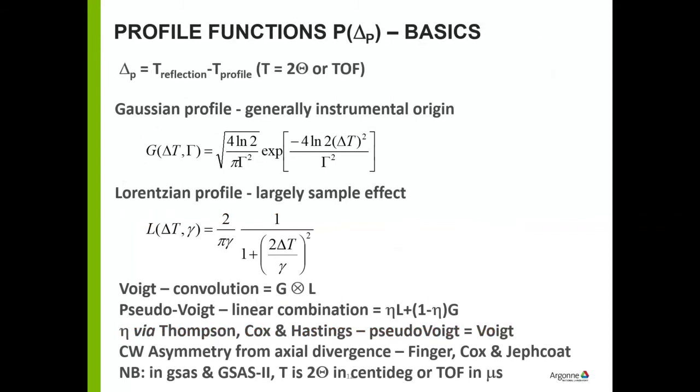Okay, profile functions. Joel showed you these. Basically, we have a Gaussian profile, and I hope his equation was the same as that one. Or very, very similar anyway. But generally the Gaussian profile comes from the convolution of the various contributions that you get when you build an instrument.